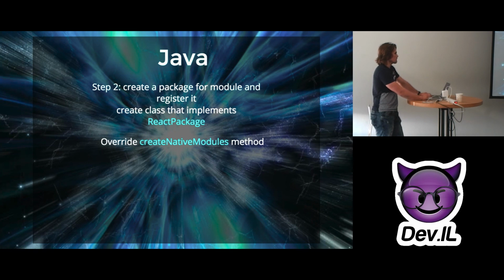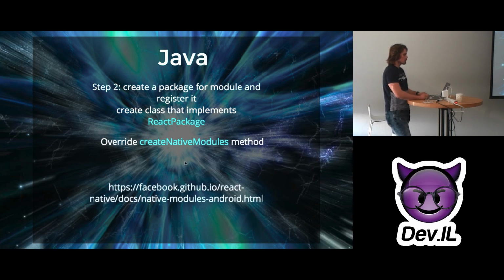And then you have step 2. You create a package for the module and register it. Basically what it means, you create a class that implements React package and override the create native modules method. All the docs on how to do this and the whole code, it's long because it's with a bunch of imports. It's here.